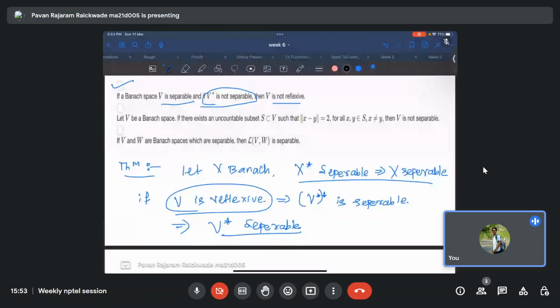It is the reverse: X star separable implies X separable. If L infinity was separable, then we could have said L1 is separable. But L infinity is not separable.